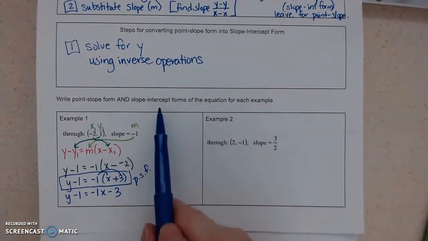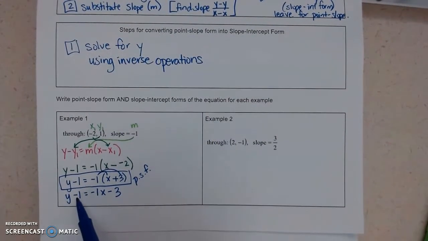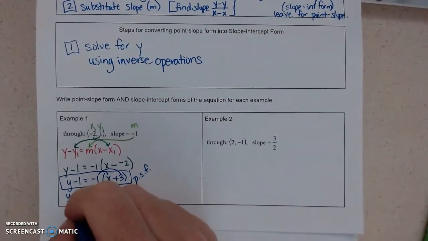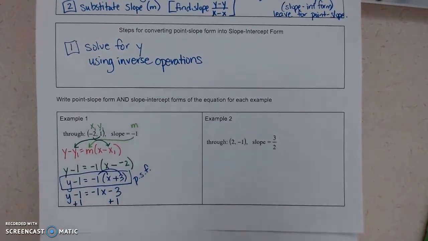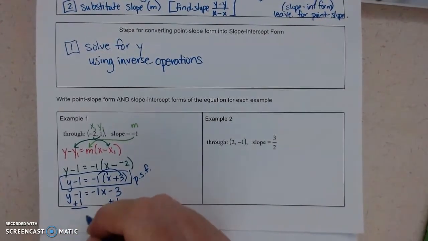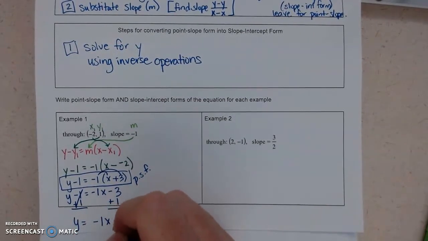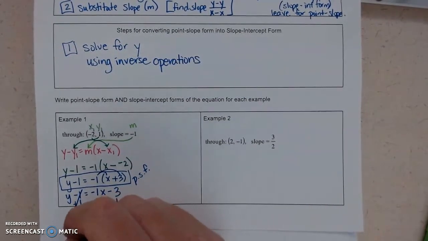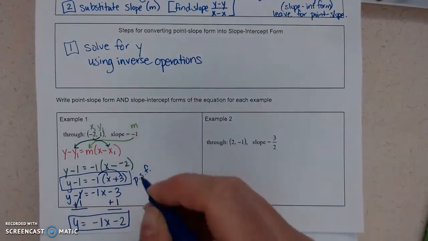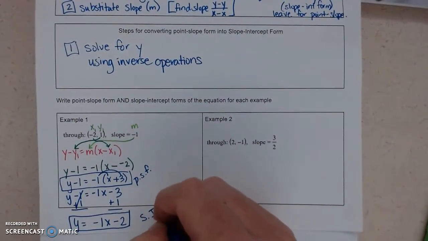To get slope-intercept form, we're going to keep going to get y by itself. So now I'm going to add 1 to both sides. So we get y equals negative 1x minus 1. Since y is alone, this is our slope-intercept form.